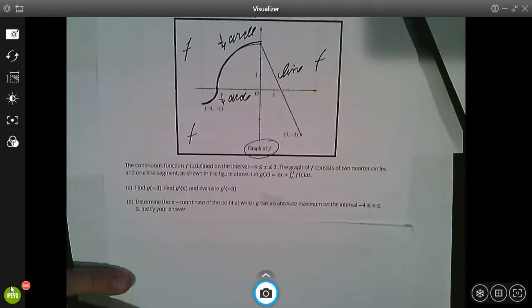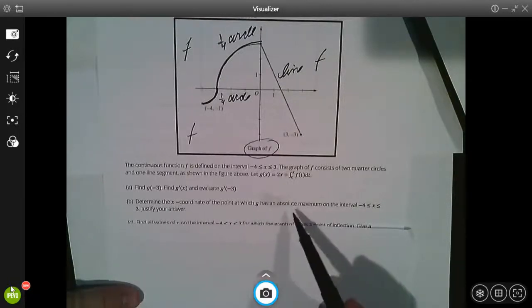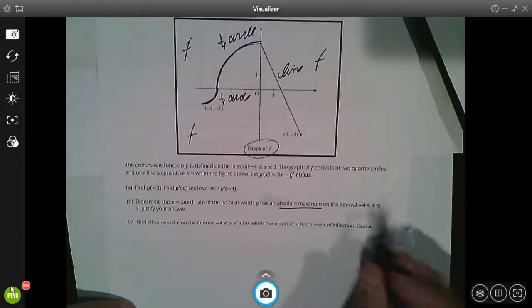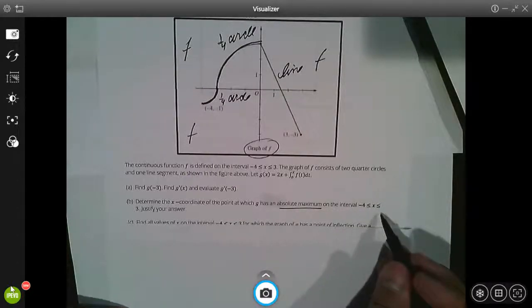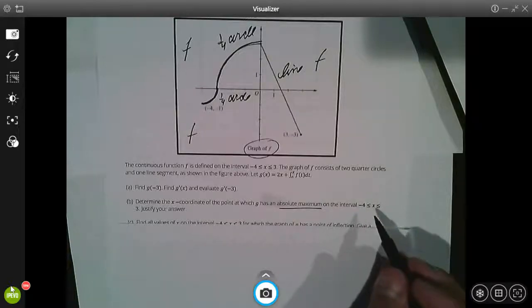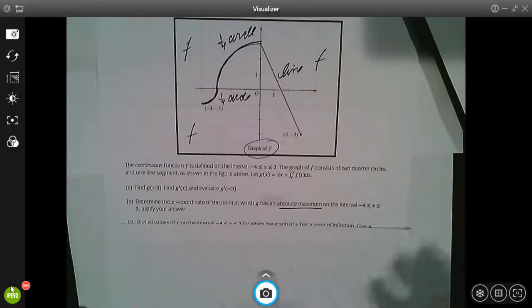Part B. Determine the x-coordinate of the point at which g has an absolute maximum on the interval -4 less than or equal to x less than or equal to 3. Now, I know we talk about this a lot. These absolute maximum questions are always going to require a little bit of work.